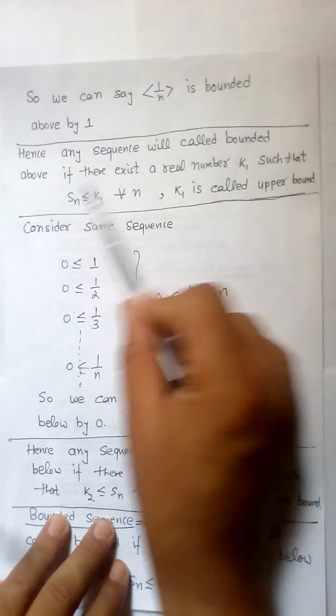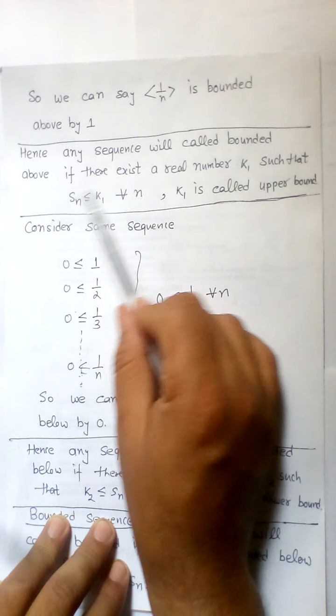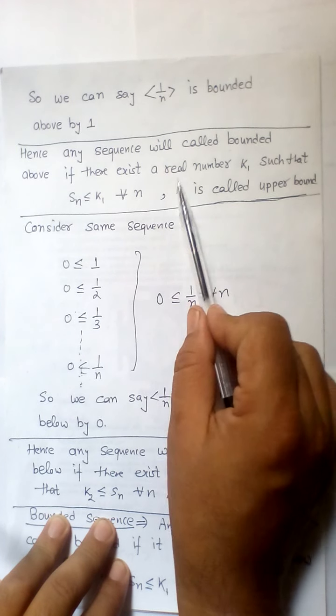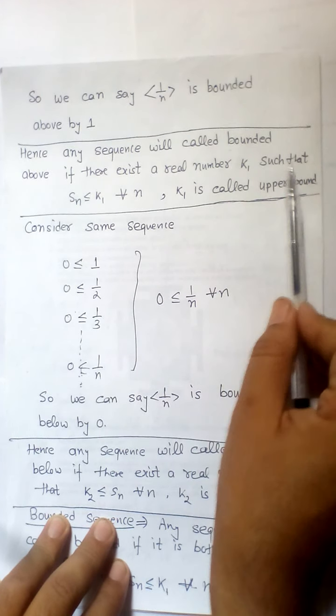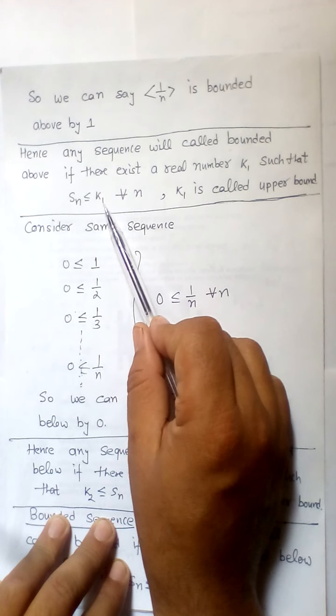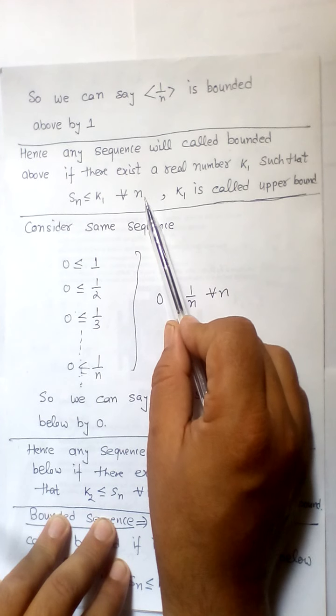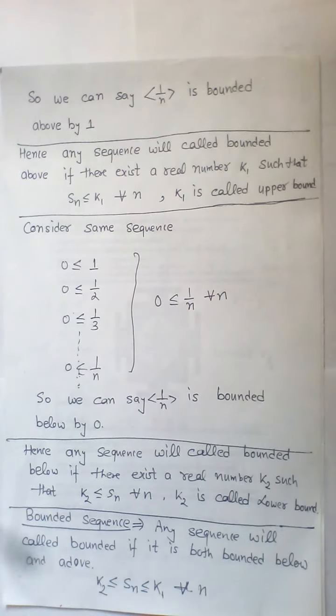Any sequence is called bounded above if there exists a real number k1, such that Sn is less than or equal to k1 for all n. Here k1 is known as an upper bound of the sequence. In the example just discussed, 1 is working as an upper bound.